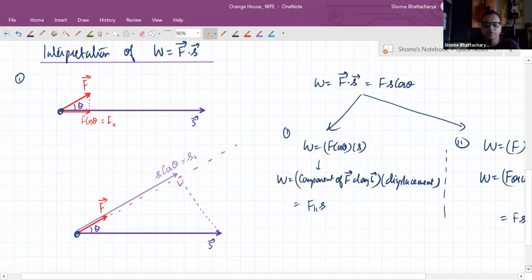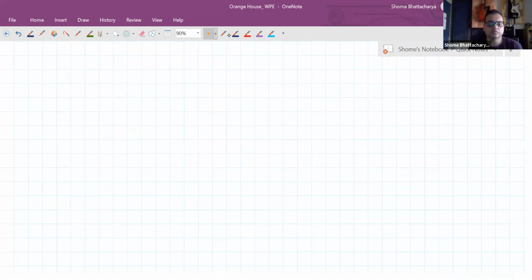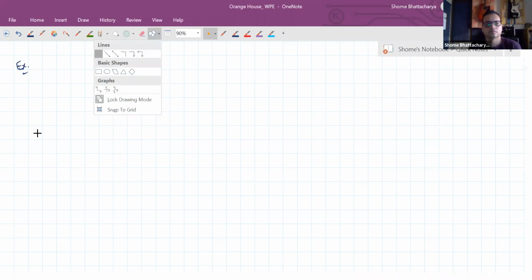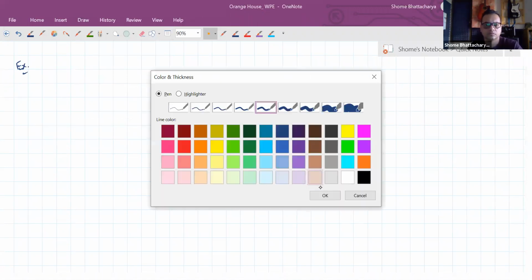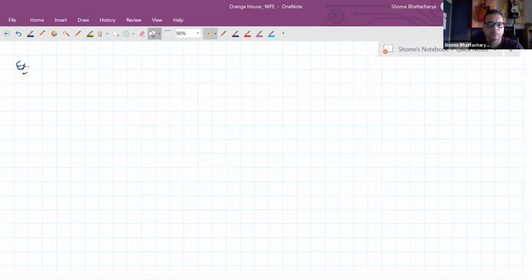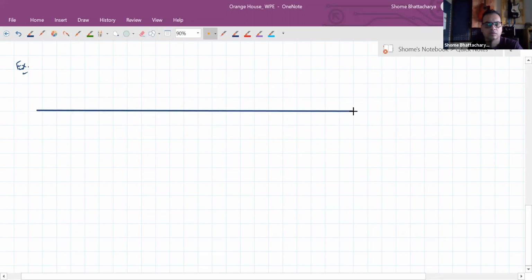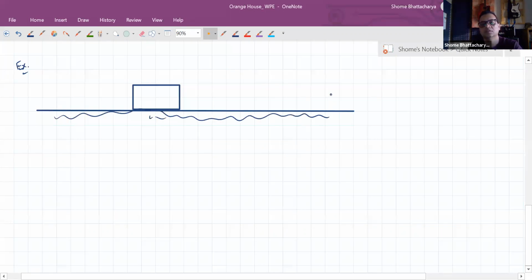So let's look at an example problem. So we have a rough horizontal surface like this.